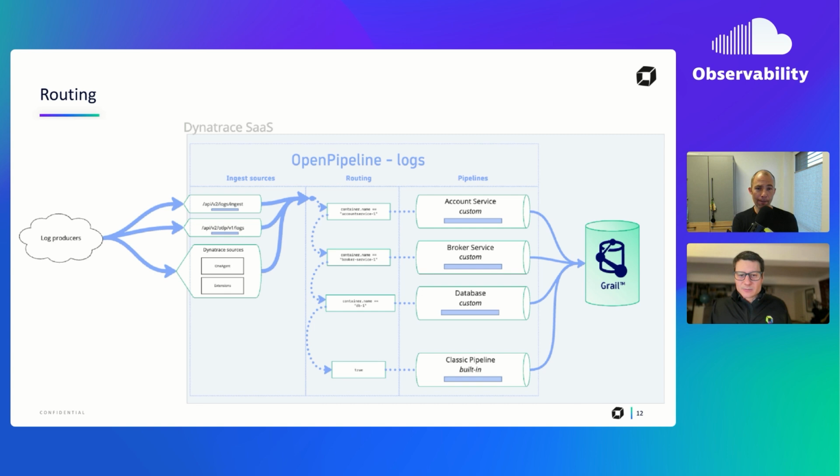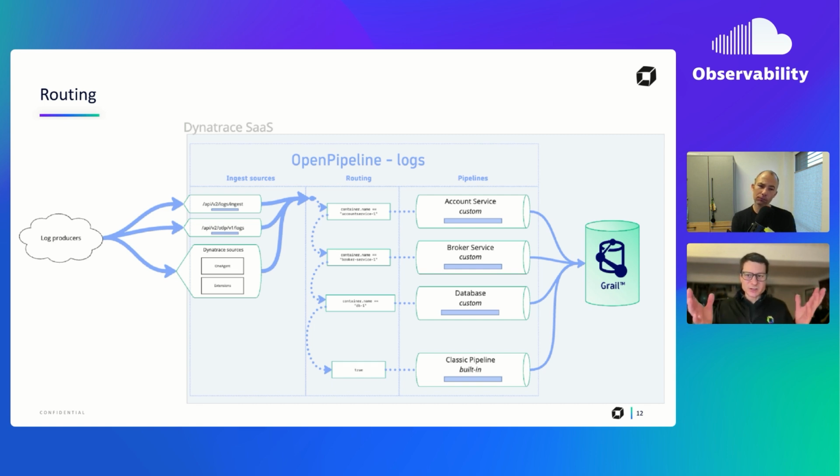Perfect. And what I see, so you said a log comes in, the first matching rule will then define the pipeline, and then the default is the classic pipeline, as we call it, the built-in. So that means if no matching routing exists, it always goes through what we call the classic pipeline. Yes, exactly. This is ensuring a seamless migration.